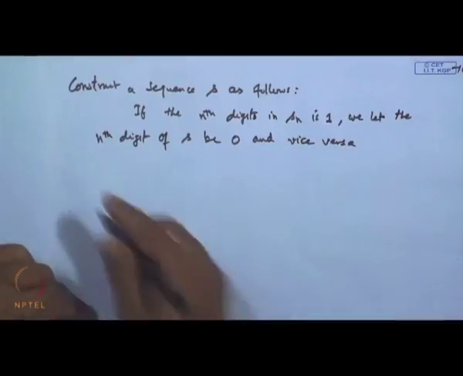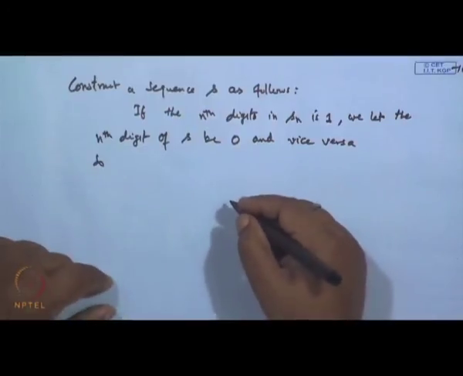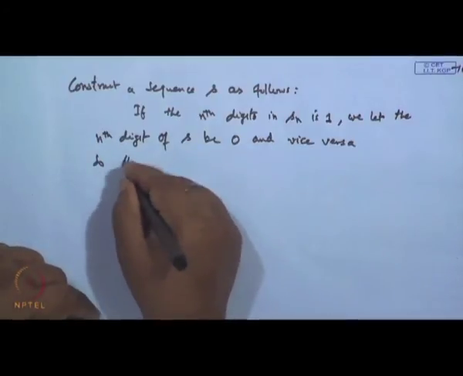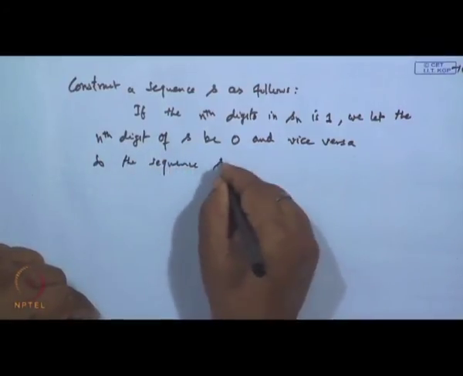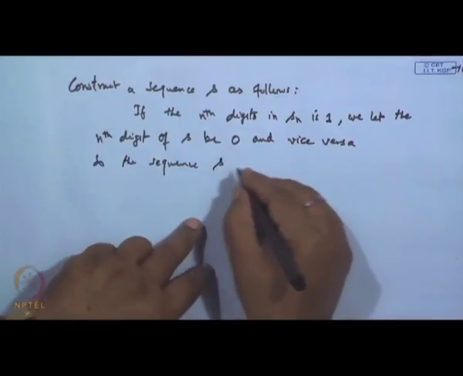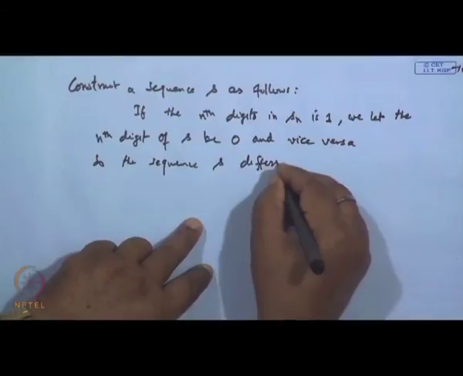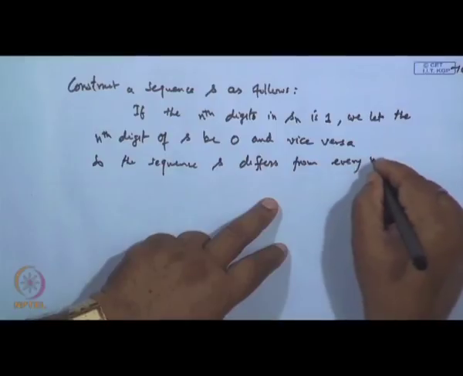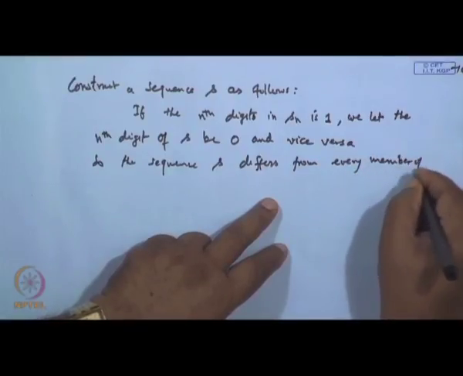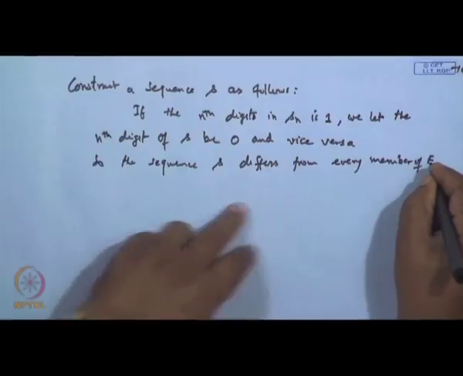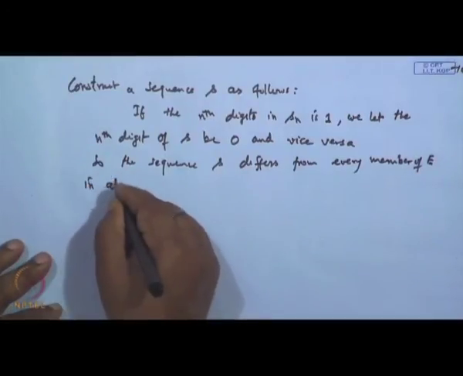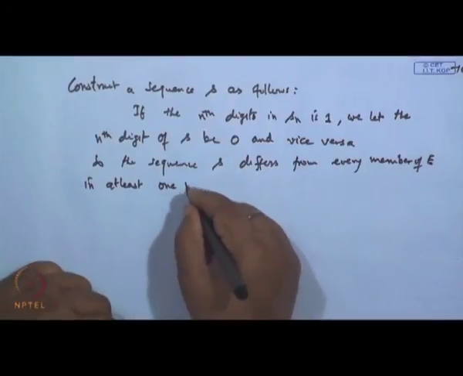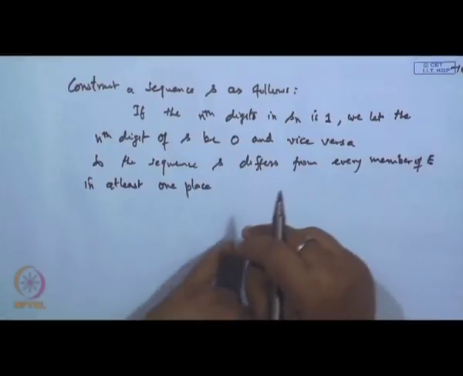So what we see here is that the sequence S differs from every member of E in at least one place, because we are constructing it in such a way.